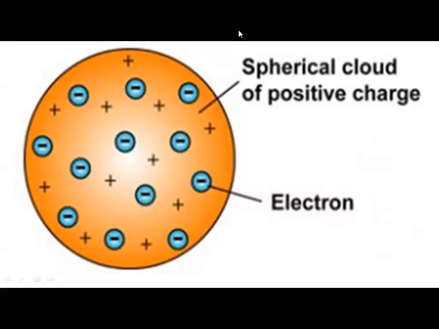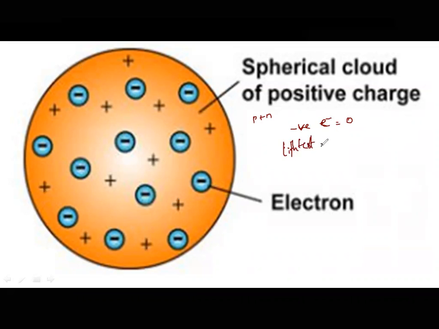One more thing, he said the entire mass of an atom is because of electrons. And we know that electron mass is negligible, something like 0.0006. So if the entire mass of an atom should be because of electrons, but today we know it is because of protons and neutrons, right? If that was true, then the smallest and the lightest element, which one is that?